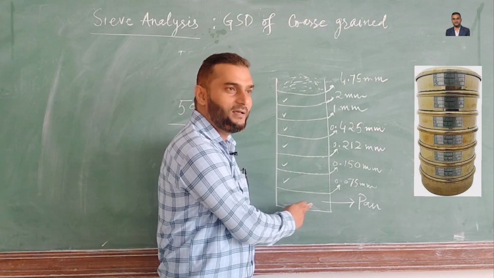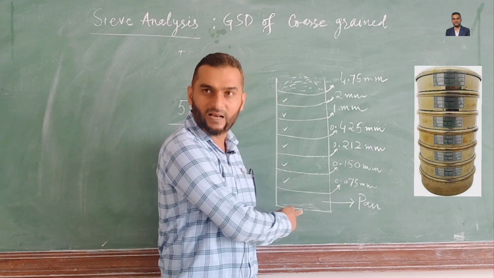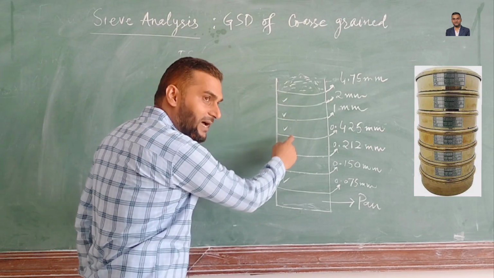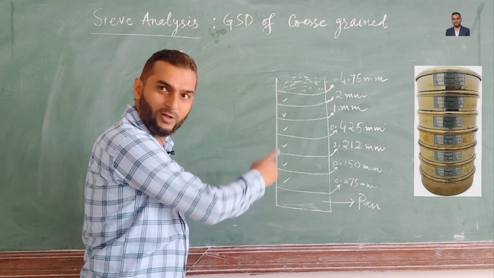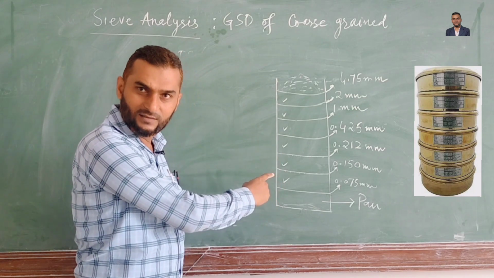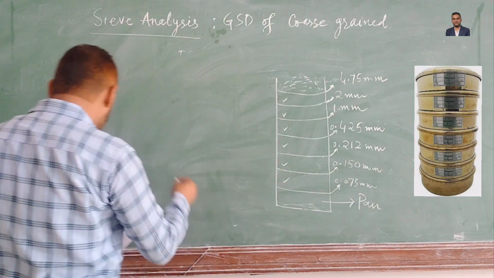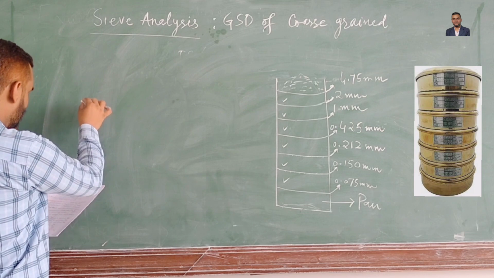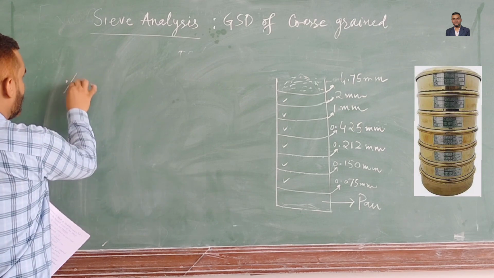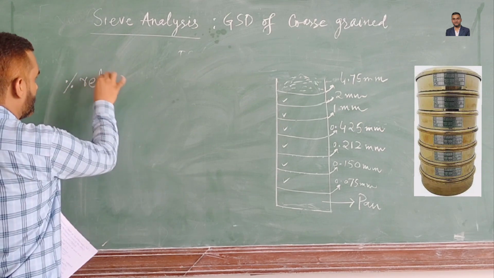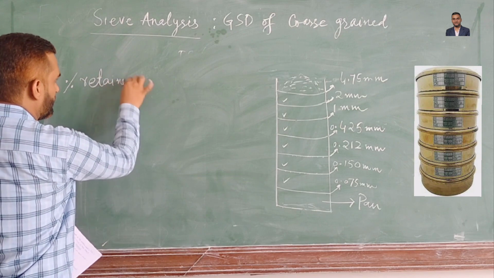On the basis of the total weight of the sample taken and the weight of soil retained on each sieve, the percentage of total weight of soil passing through each sieve, also called percent finer than, can be calculated as below.